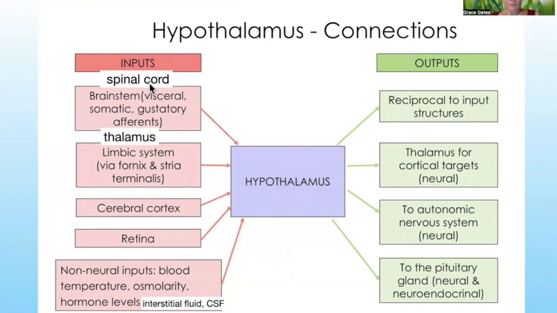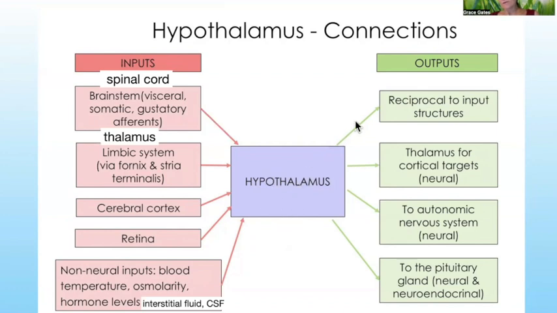And over here, the inputs, we have the spinal cord, the brainstem, the thalamus, the limbic system, the cerebral cortex, the retina, non-neural inputs like the blood, interstitial fluids, cerebral spinal fluid, inputs from temperature, osmolarity in the blood, hormone levels, a tremendous number of inputs into this small, tiny little area.